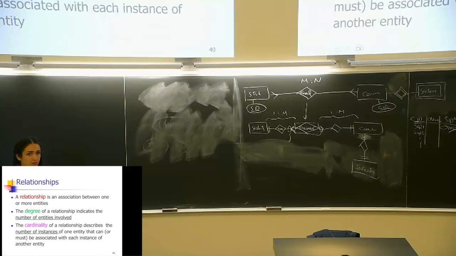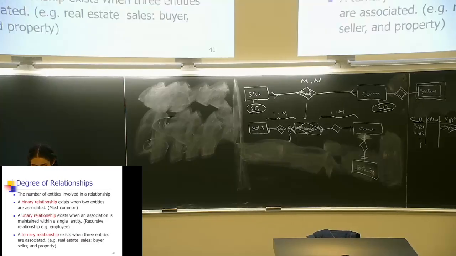Association between one entity is a unary relationship, or between more entities like what we see here. The degree of a relationship indicates the number of entities involved. The cardinality describes the number of instances of one entity that can be associated with each instance of another entity, and we also explained that. So these are degrees of relationships, that is the number of entities involved in each relationship. Binary is the most common.